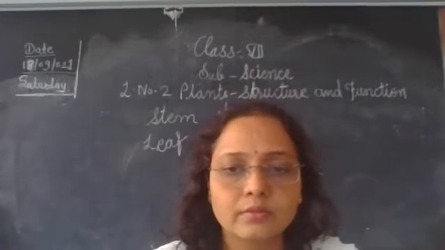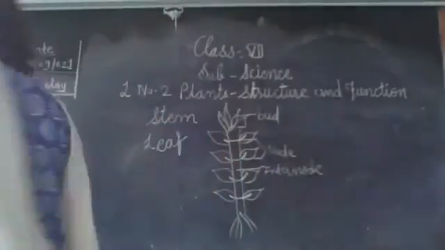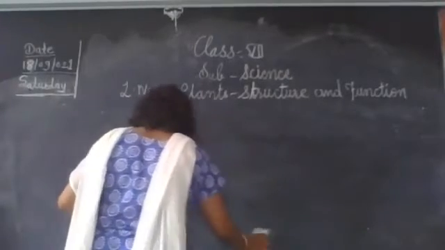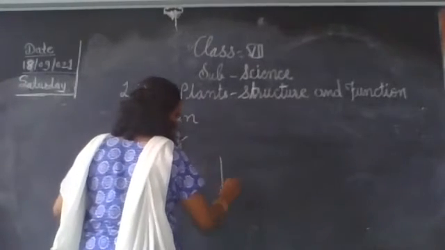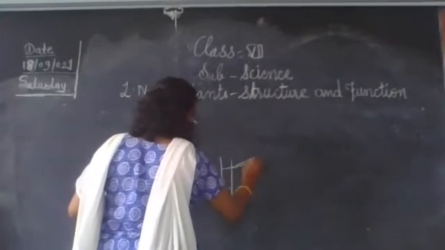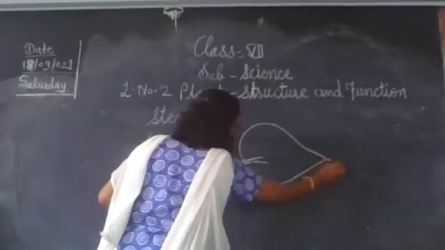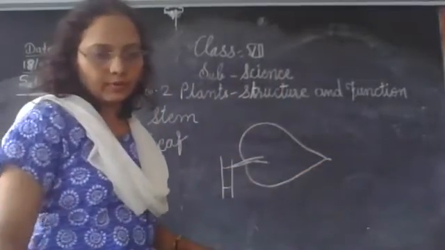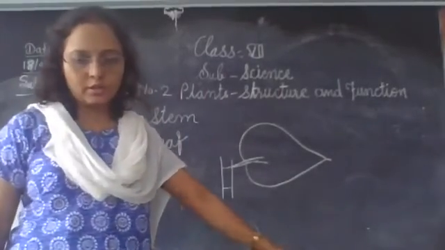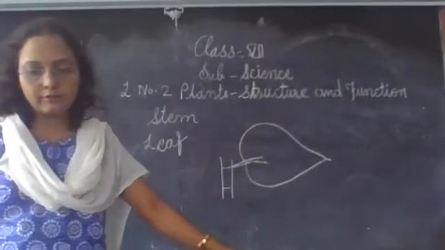The structure of the leaf, you know. The leaves come out from the nodal region here. The green flat portion of the leaf is called a leaf blade.